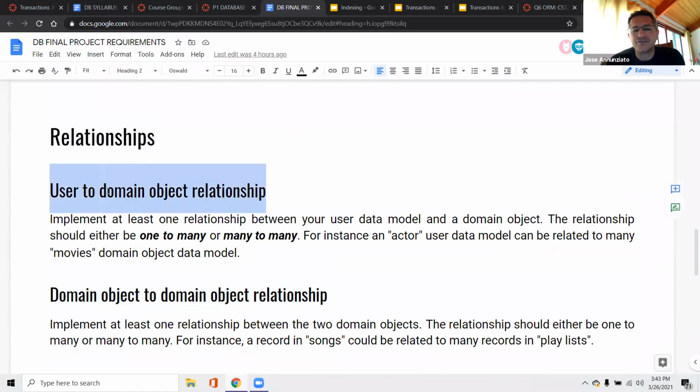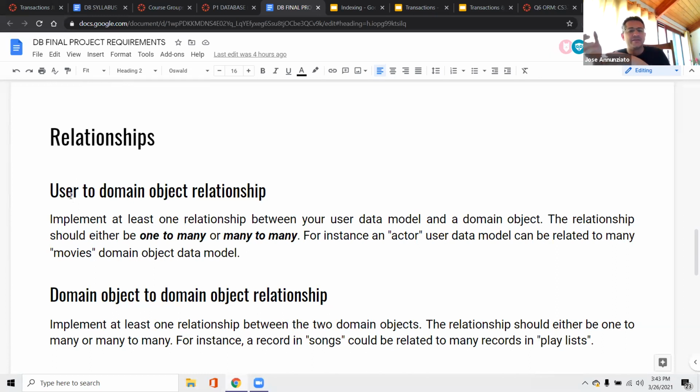Okay, so you have to have at least one relationship between a user and a domain object, right? So it might be maybe like a user might be an actor, and a domain object might be a movie, right? So an actor is related to a movie. We can say that an actor can act in a movie.